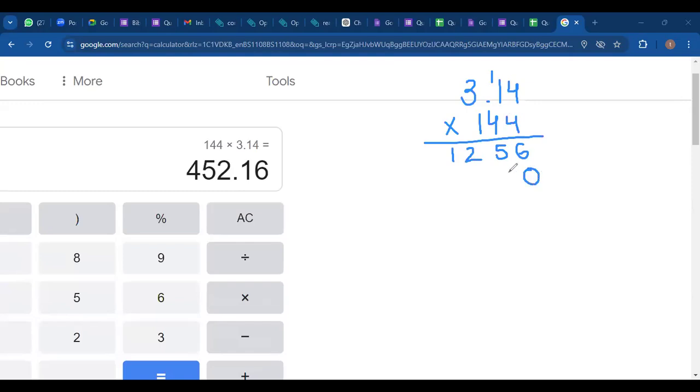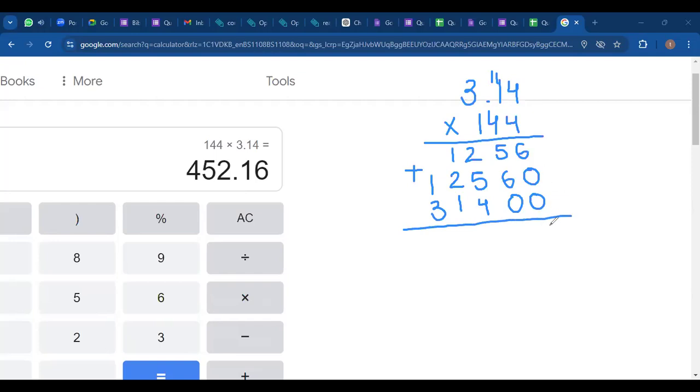Then you put 2 zeros now. 1 times 4 is 4. 1 times 1 is 1. 1 times 3 is 3. You add them up.